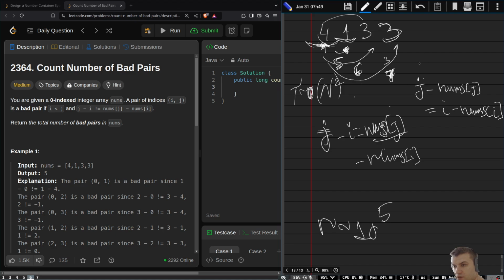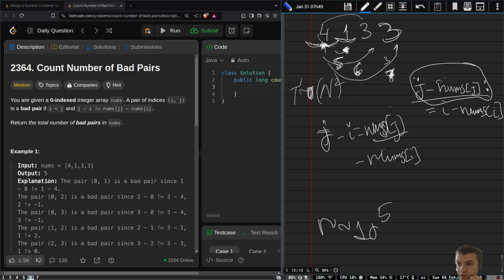I'll subtract the index from the value, and every time there is a pair for that, I will also put the frequencies there, so that there might be multiple numbers that have the same kind of value.